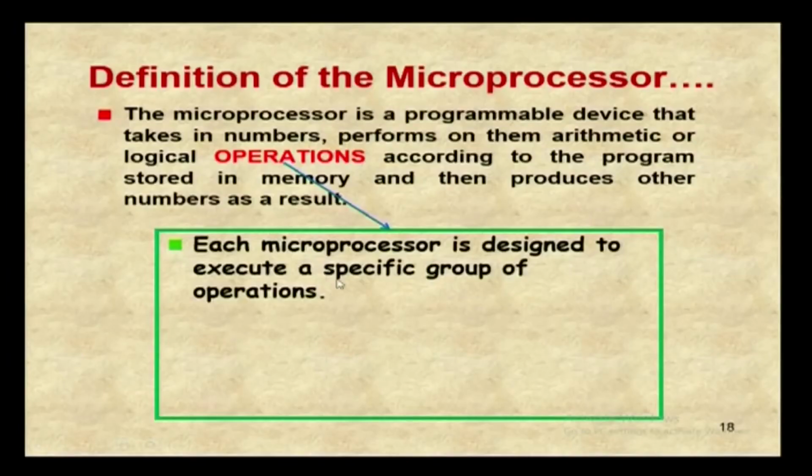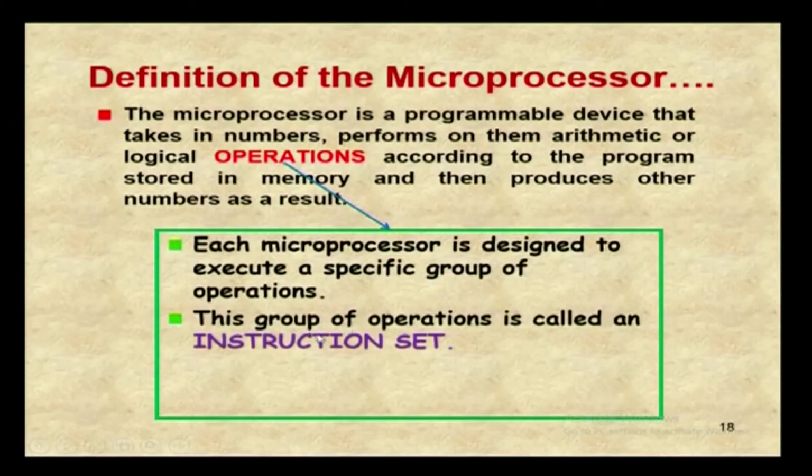I already mentioned that operations mean arithmetic and logic operations, and the microprocessor is designed to perform these. This group of operations is called the instruction set, and your commands for the microprocessor to perform the operations are called the program.